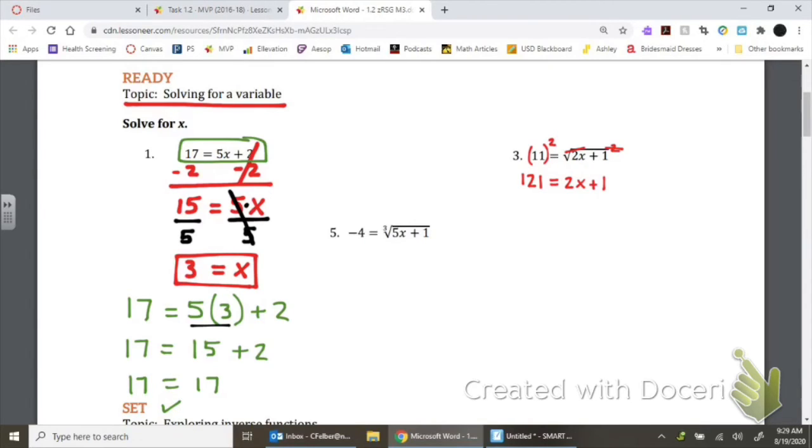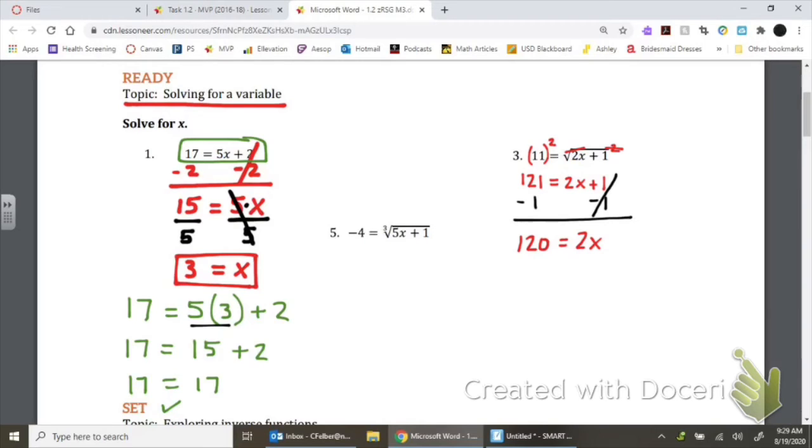And now this problem looks very similar to number 1. So I just want to get x by itself, and to do that, I'm going to first subtract 1 from each side of the equation. These 1s are going to cancel out, and I'm going to be left with 2x on the right-hand side, and then 120 on the left.